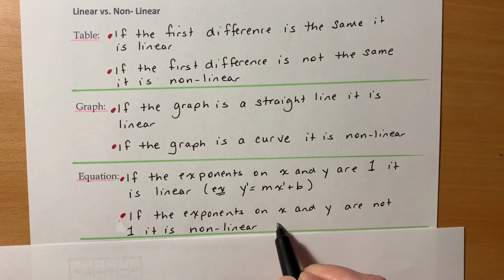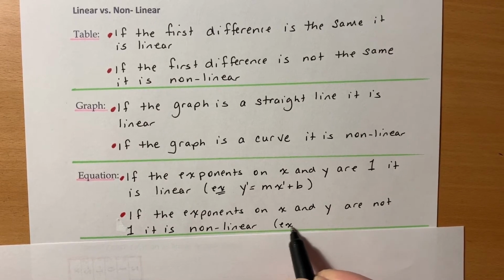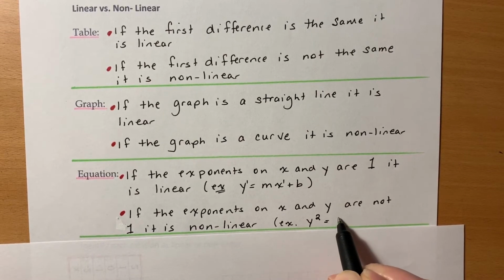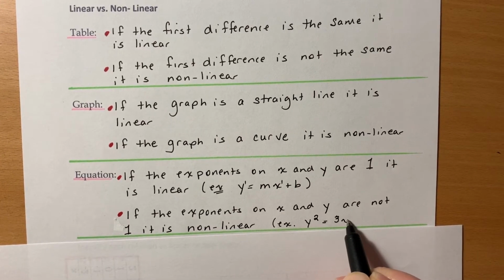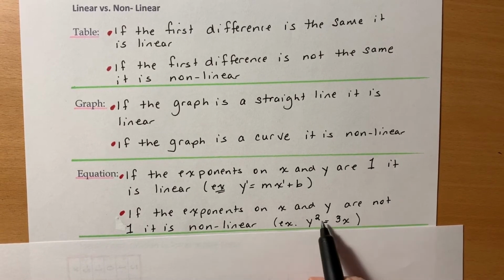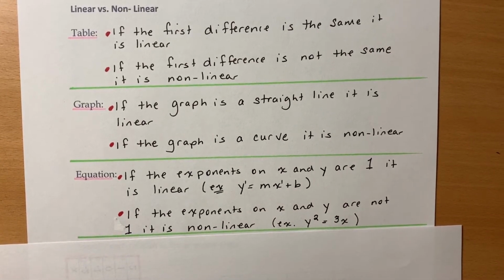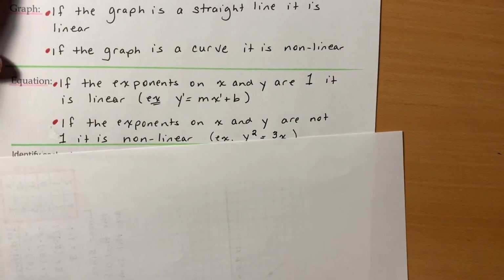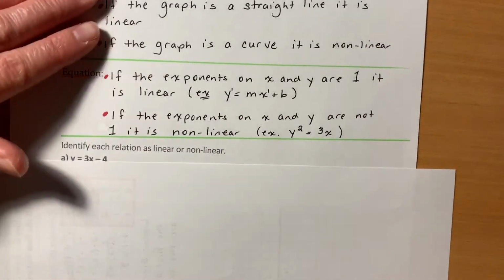So if you had something like, for example, y exponent 2 equals 3x, x has an exponent 1, y has an exponent 2. I know this is nonlinear. Okay, so let's look at a couple of examples where we'll think about, is this linear or nonlinear?